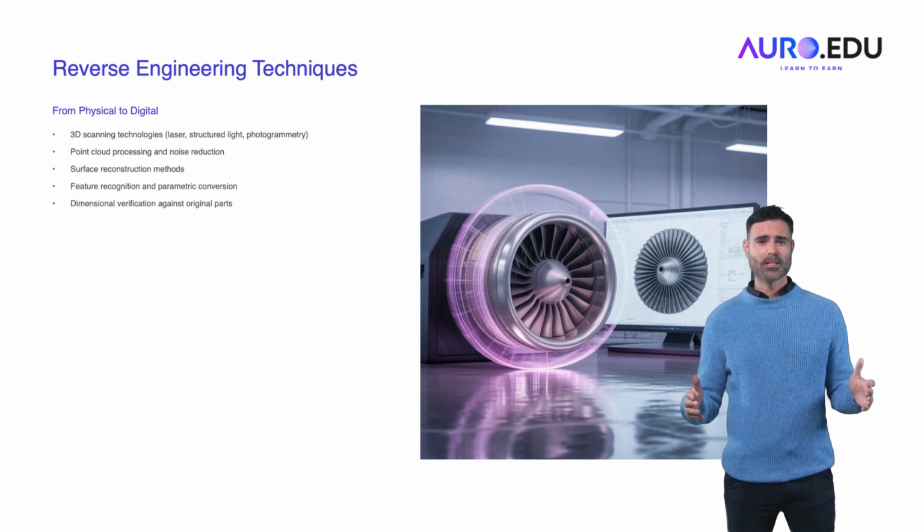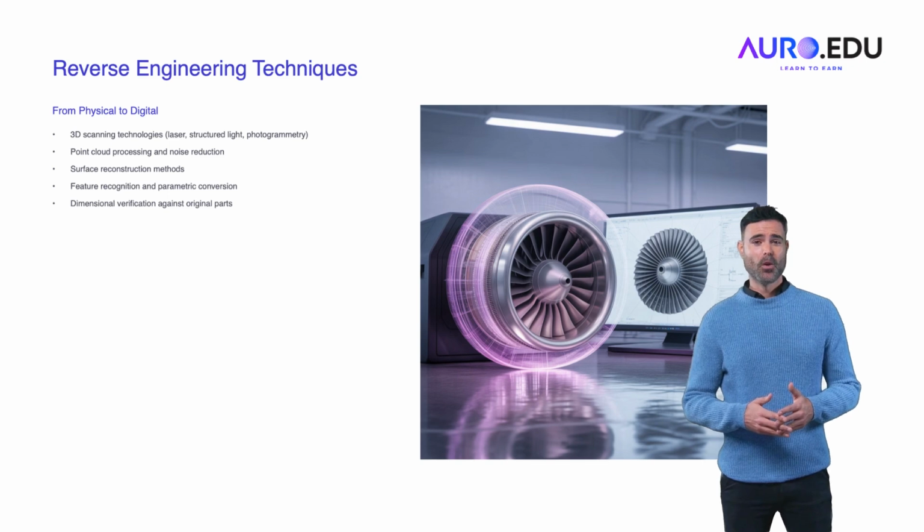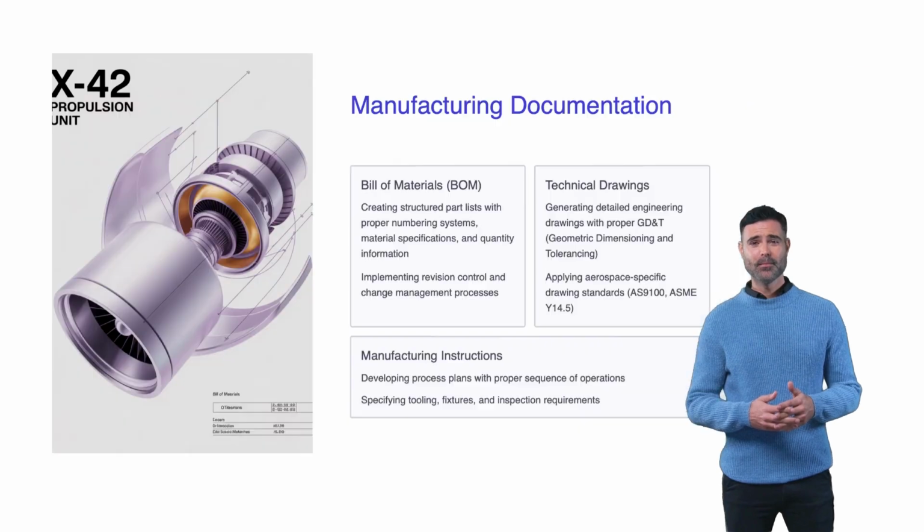Surface reconstruction techniques are used to convert point clouds into smooth, manufacturable surfaces. Feature recognition helps convert scanned data into usable CAD models, identifying critical features like holes, edges, and fillets. Reverse engineering is essential when original designs are unavailable, and it helps create replacement parts or improve existing designs.